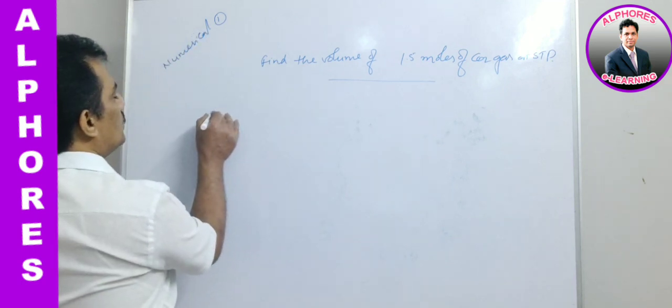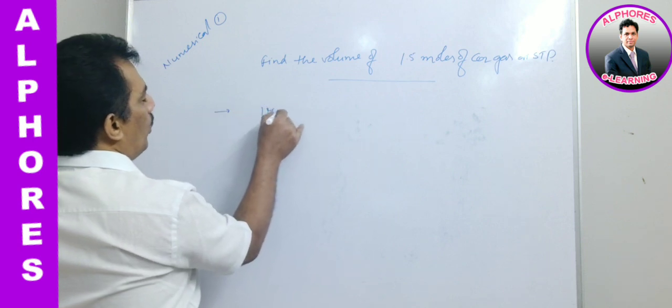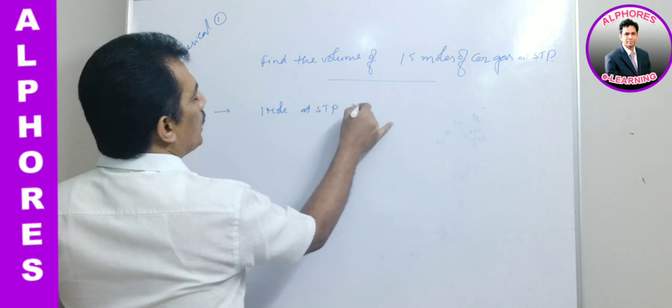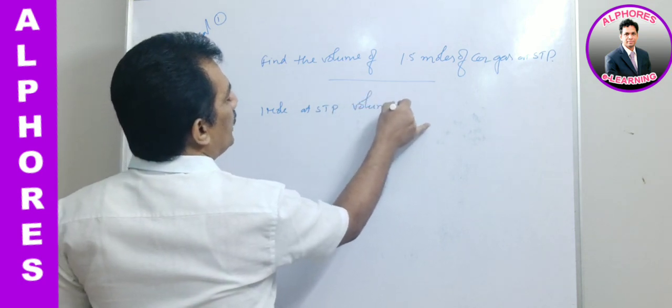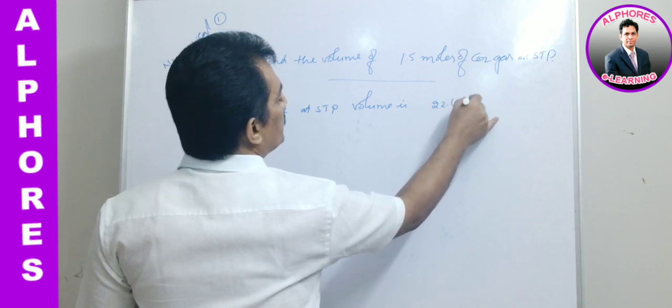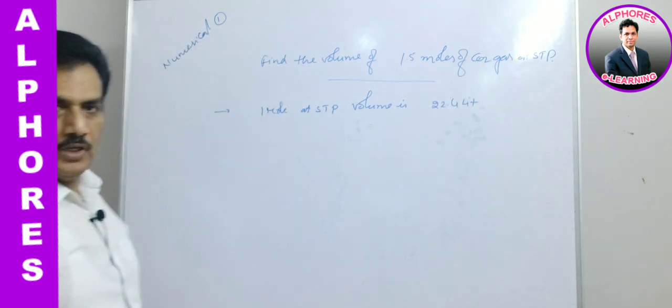Just we know the concept. 1 mole at STP volume is 22.4 liters. Is it not?